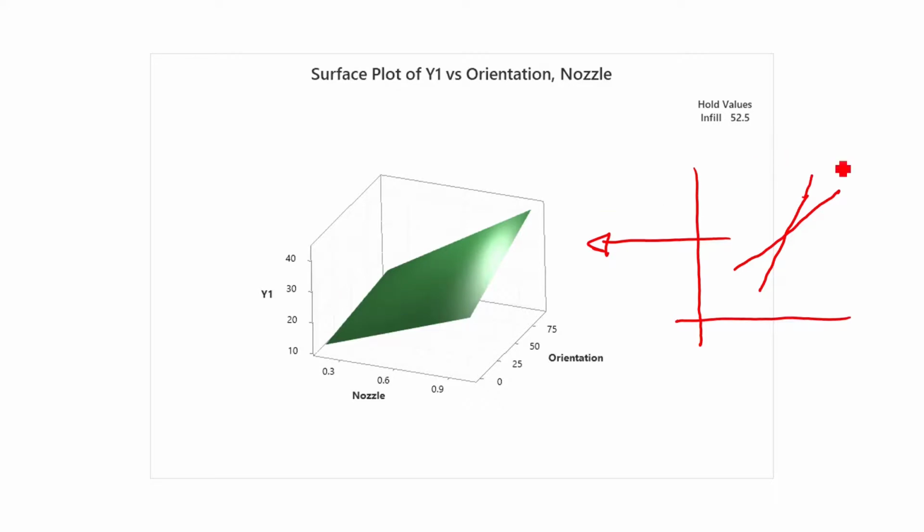So one of those lines, so number 1, will be the slightly flatter slope. It's this edge here. The second line, line 2, is the back edge. This is the one that's slightly more upright. But now what you can see is the complete plane of all the results you could get for moving orientation and nozzle diameter.